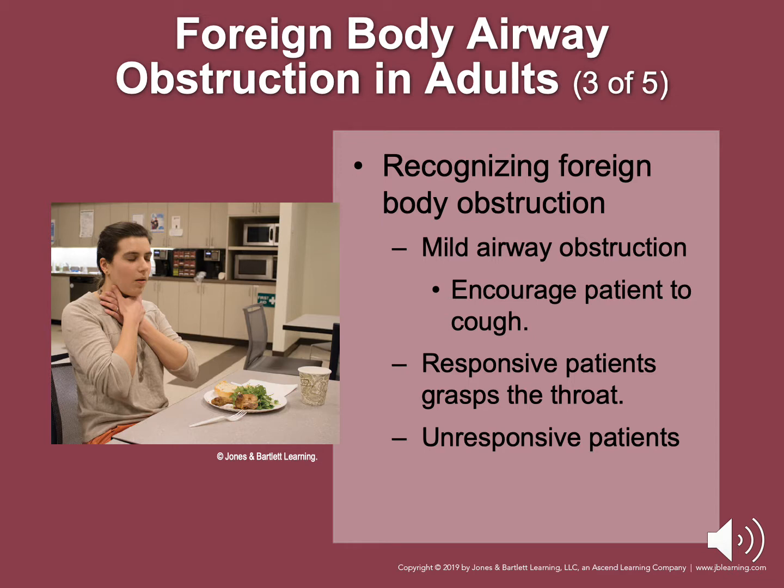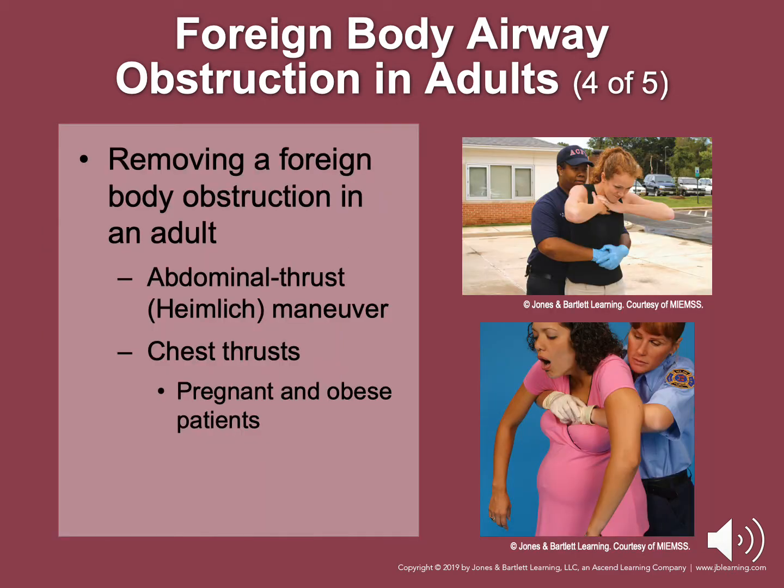It creates an artificial cough by causing a sudden increase in intrathoracic pressure when thrusts are applied to the subdiaphragmatic region. Okay, so right below the diaphragm, like you see up at the top picture with the lady in the black t-shirt. So it's a very effective method for removing a foreign body obstruction in the airway.